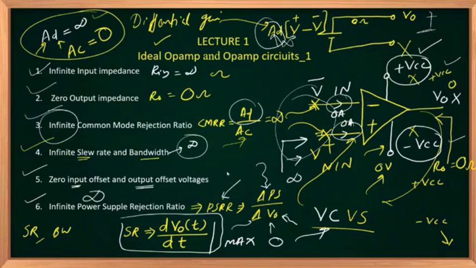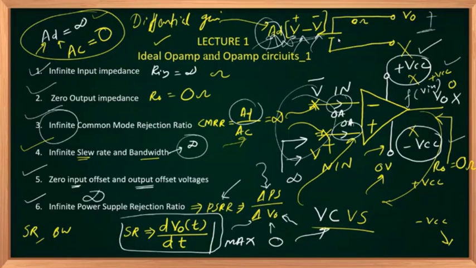But what we discussed right now is that output is always at plus VCC or minus VCC because gain is infinity. Based on the polarity of the difference between V plus and V minus, I will get either plus VCC or minus VCC. But if I'm using it as an amplifier, I should get a value V out that's a function of my input signal applied at V plus or V minus. That we will address in the coming sessions.